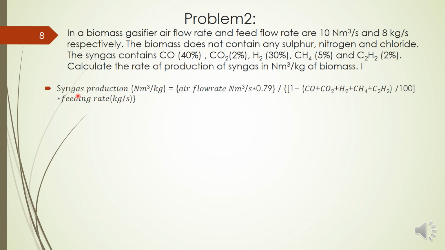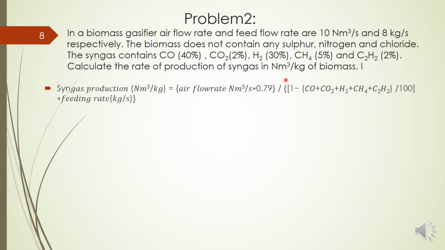So this is the equation used. Syngas production in normal meter cube per kilogram will be airflow rate into 0.79, that means the nitrogen in this particular airflow rate, divided by 1 minus all the other gases, that is the nitrogen fraction in syngas, into the feed rate of biomass. This is by balancing the nitrogen in air and the nitrogen in the syngas.